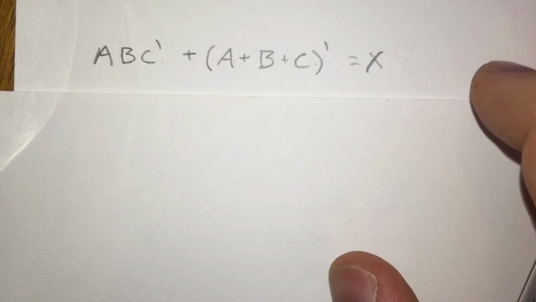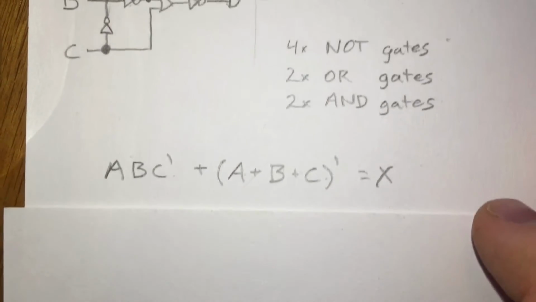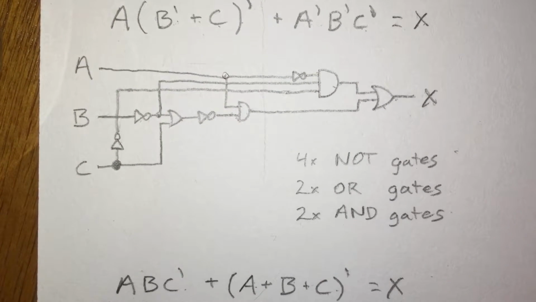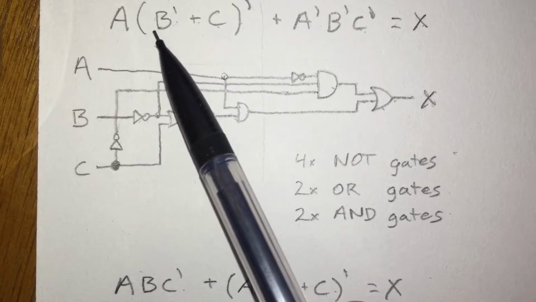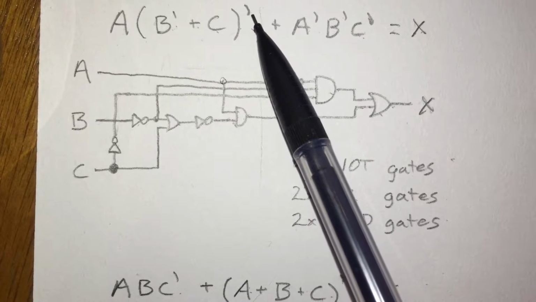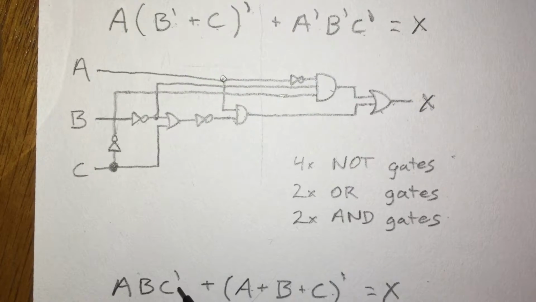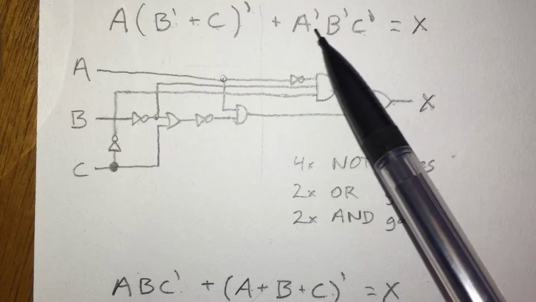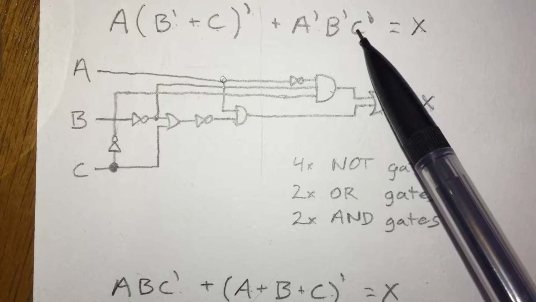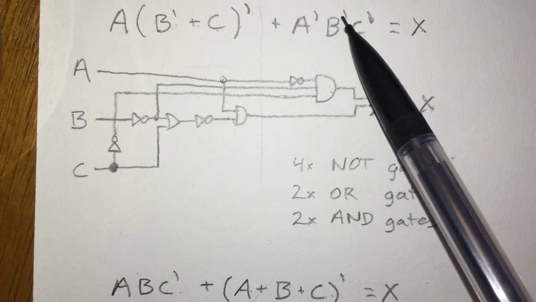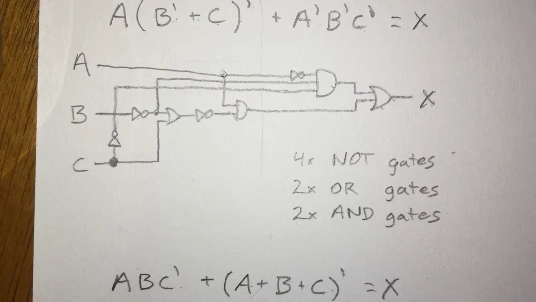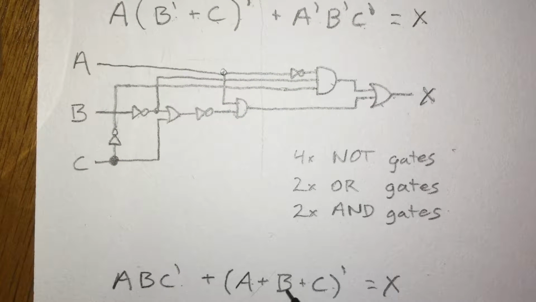Now here we have taken this term here and distributed that negation to produce B and C not. Here we have taken this already distributed negation and we've de-distributed it.